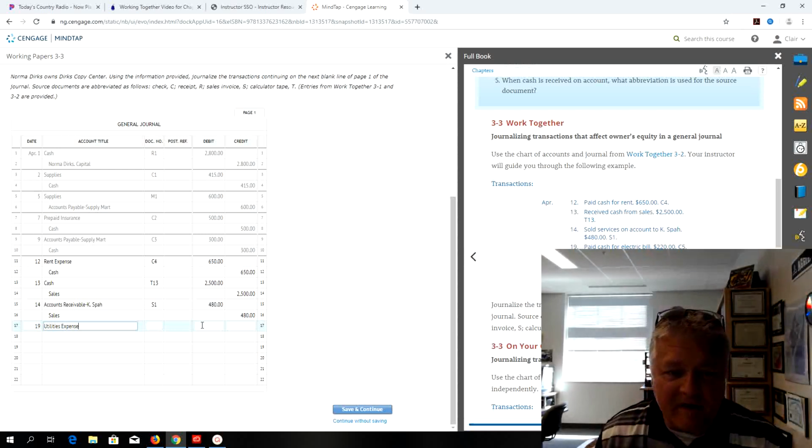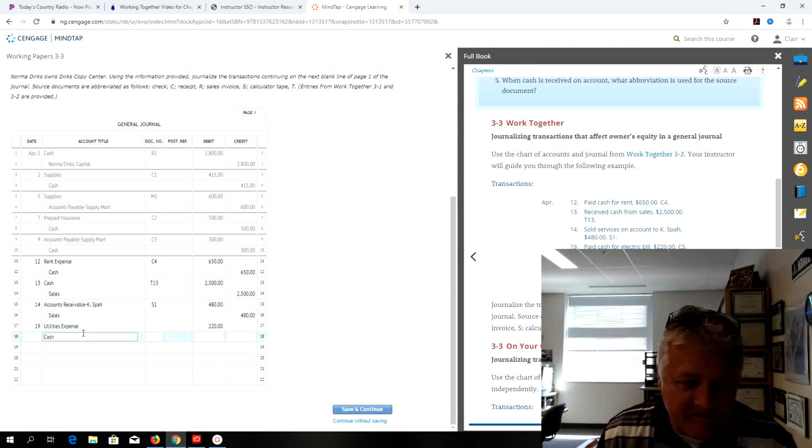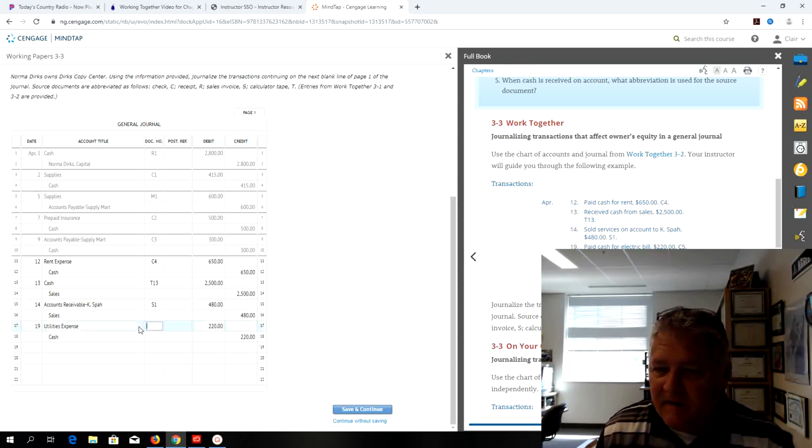This is an expense account, and it was for $220, and cash is my credit for $220, and the source document in this case was C5 for check number 5.